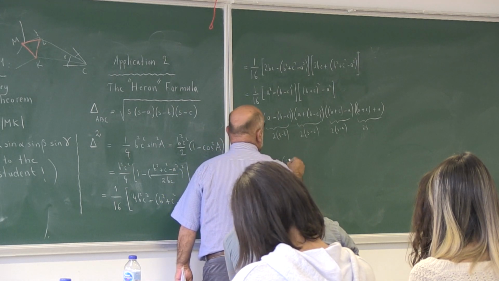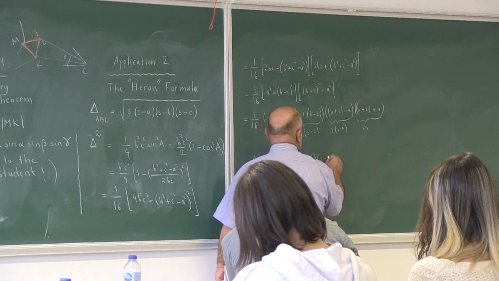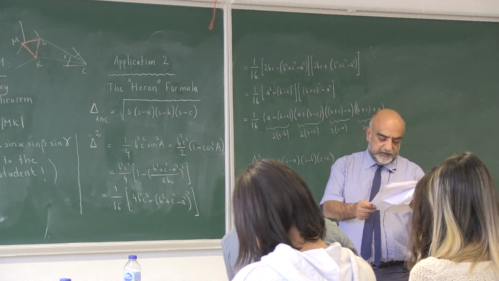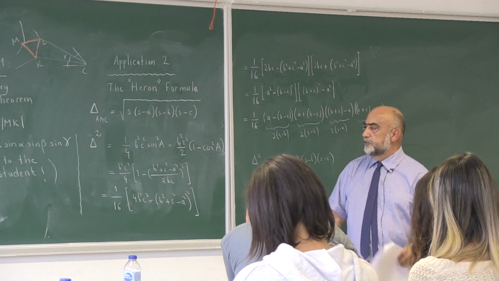S times S minus A times S minus B times S minus C, and then taking the square root, you will, of course, get the historical Heron formula, which is a rather beautiful thing.